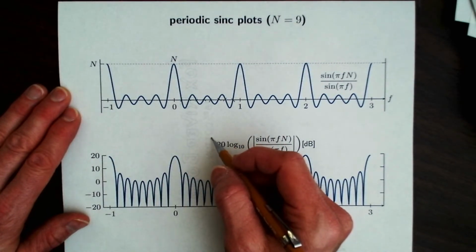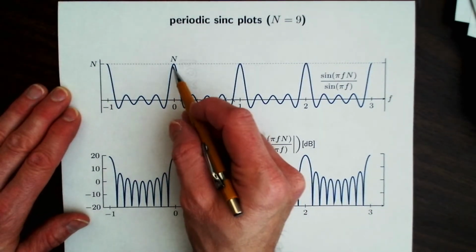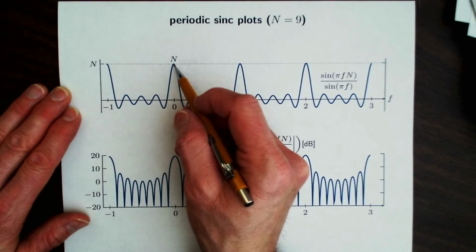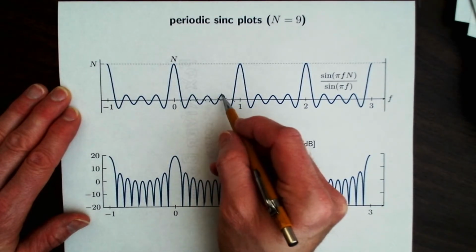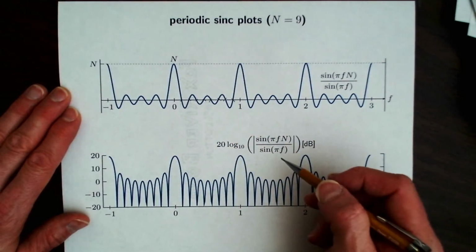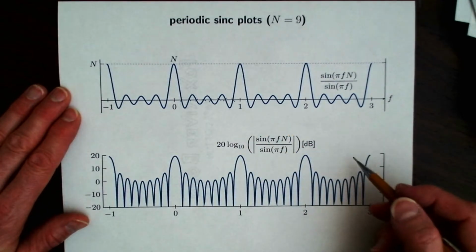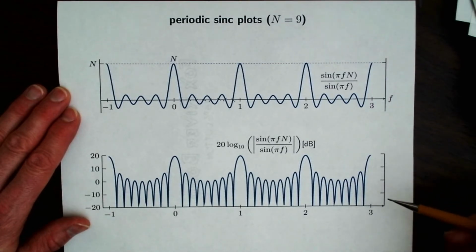Let's count the number of peaks that appear in one period. So here's one peak, or let's call them extremities. 1, 2, 3, 4, 5, 6, 7, 8. So once again, n minus 1 extremities of this function in one period. Down below, we're again looking at the log magnitude of this function.